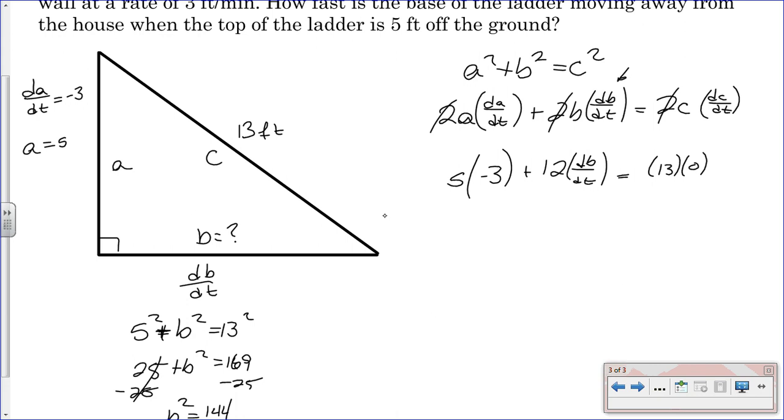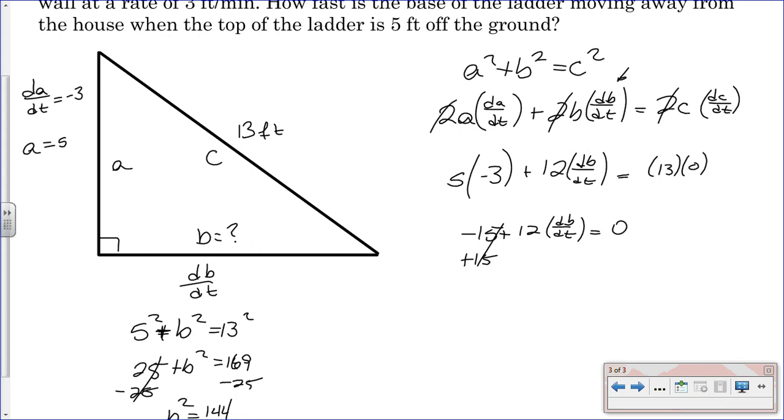Just remember that. If you get a problem where one of your lengths is never changing, the derivative of that will be 0, because you're taking the derivative of a constant. So we have negative 15 plus 12 dB dt equals 0. Now all we have to do is solve for dB dt.